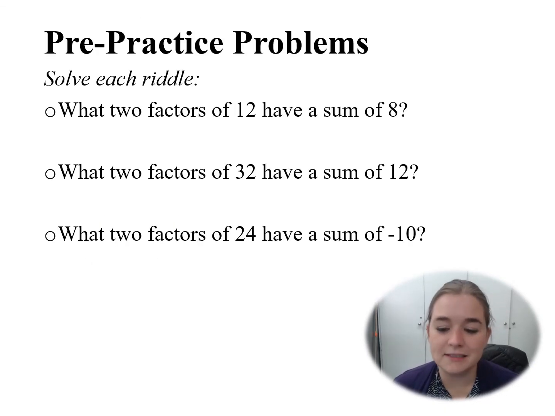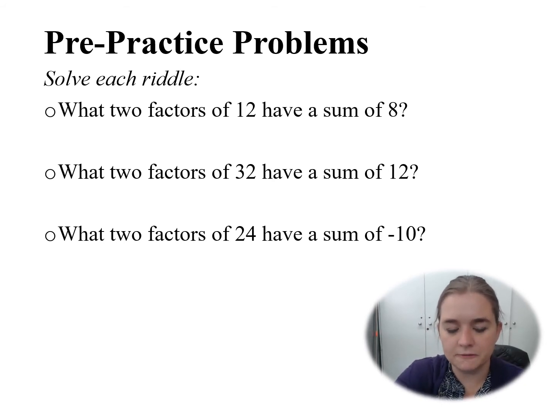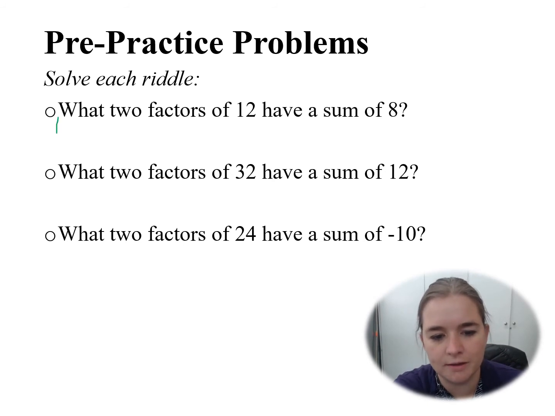All right, so now these pre-practice problems, you don't need to write them in your notebook, but I want to talk about them here and how we would figure this out. My first little riddle is: what two factors of 12 have a sum of 8? Many of you can jump in right away, but let's walk through the process. I want two factors of 12. I know that 1 and 12 would be a pair of factors.